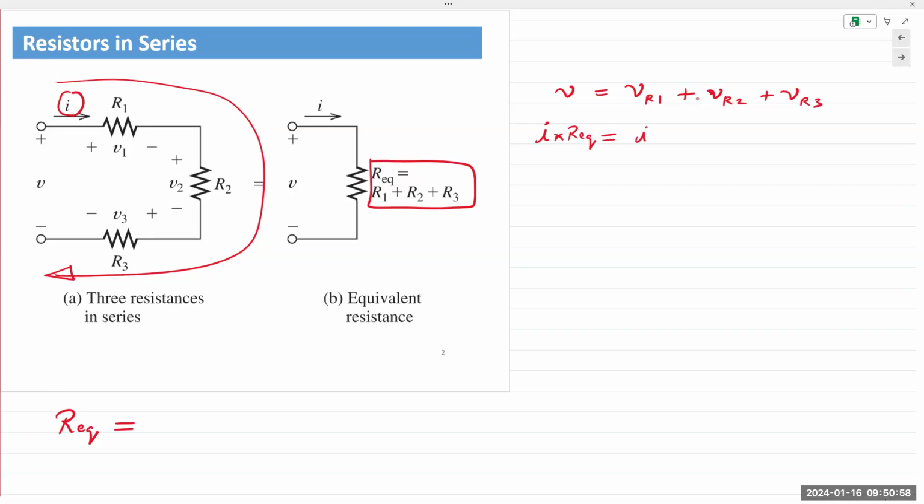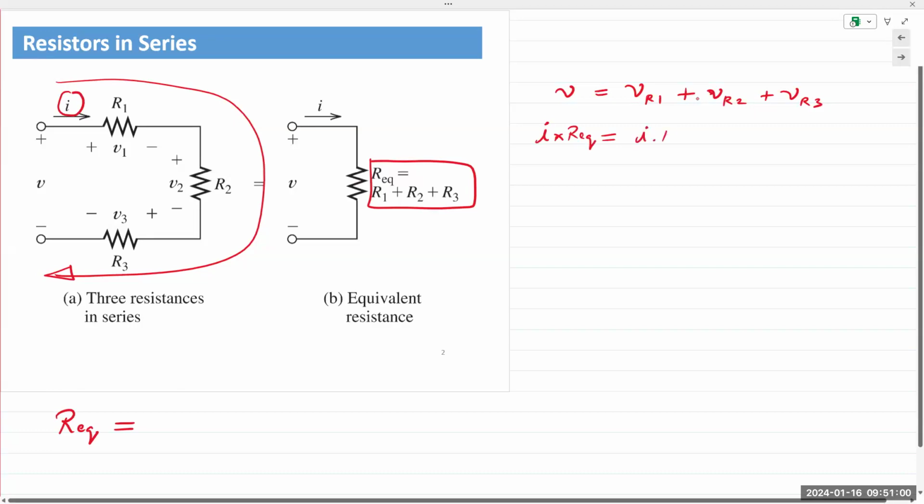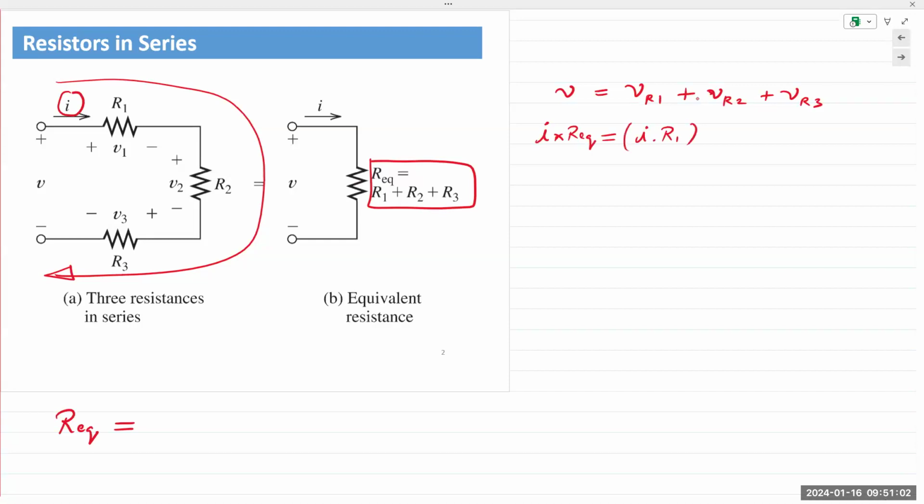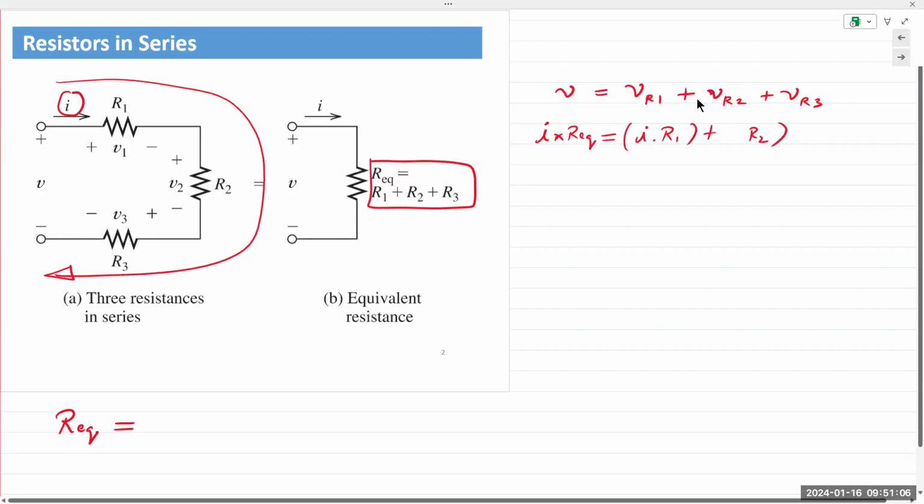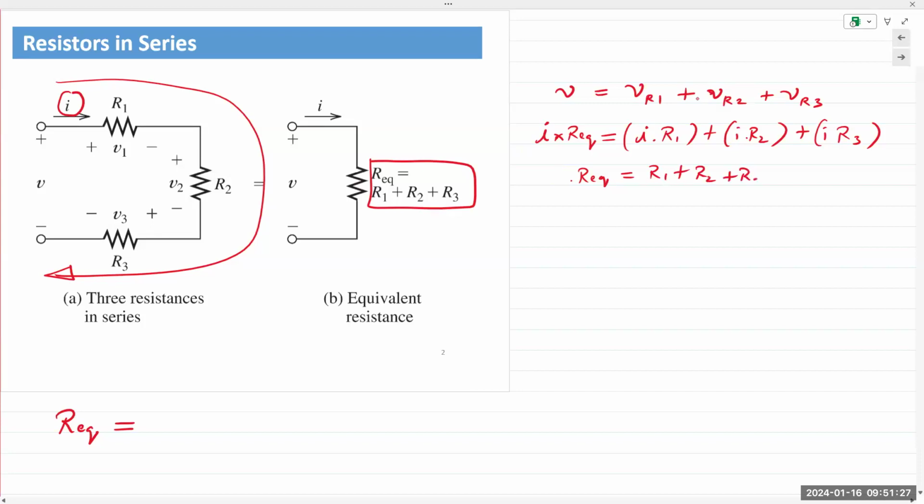This would be I times R1 plus I times R2, plus I times R3. I cancels out. All you're left with is R1 plus R2 plus R3.